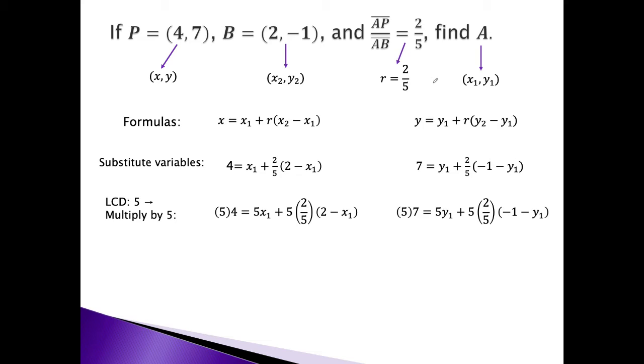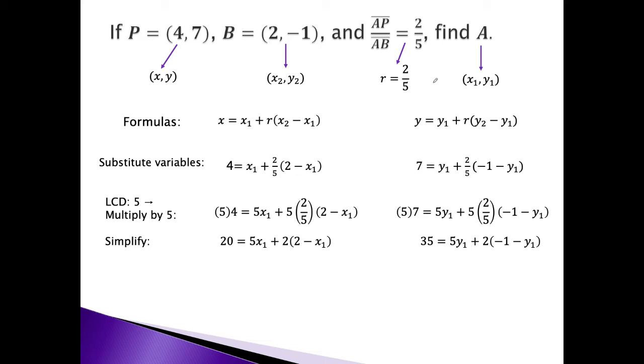Yes, it gives me a bigger number, so it gives me 20 equals 5x1 plus 2 times (2 minus x1). And then for the y, it gives me 35 equals 5y1 plus 2 times (negative 1 minus y1).